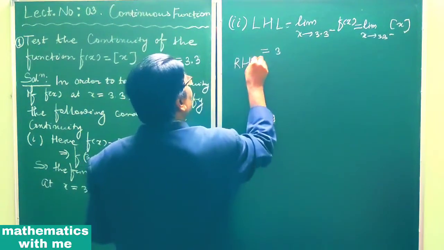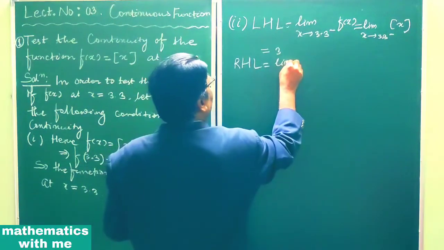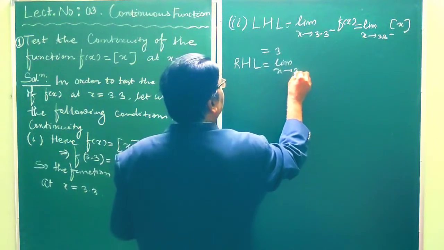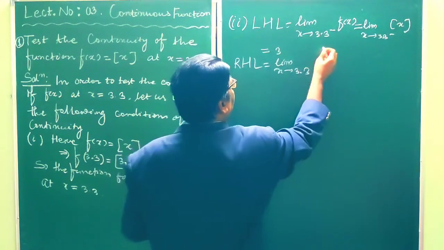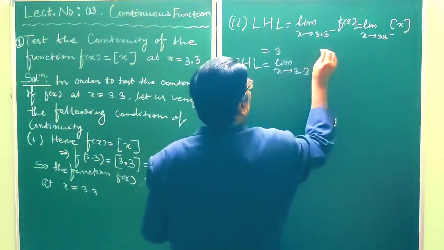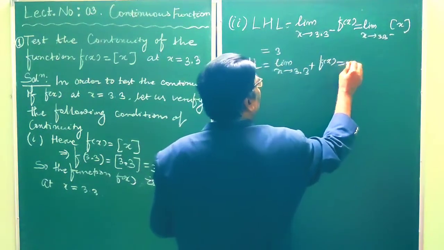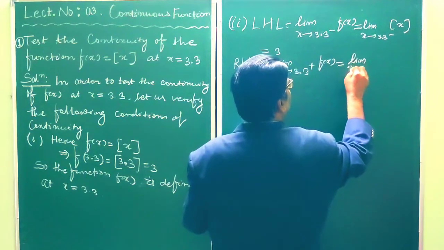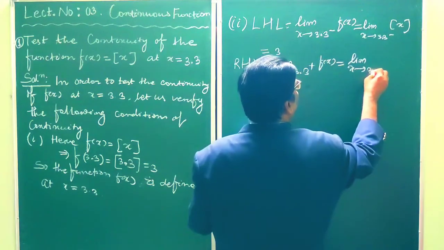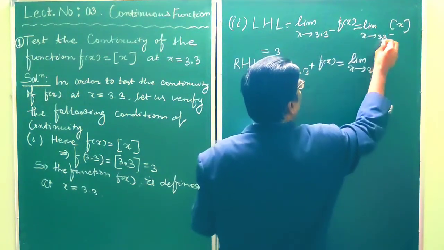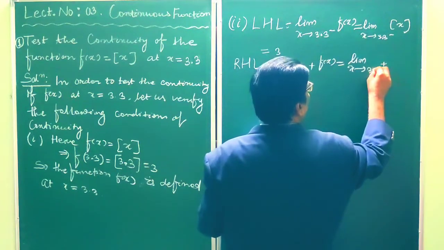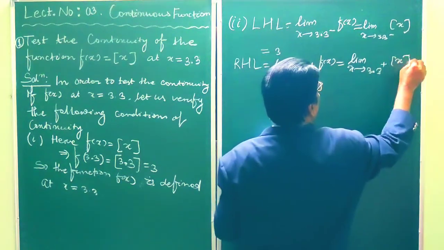Now right hand limit is equal to limit x tends to 3.3 plus f(x), which is equals to limit x tends to 3.3 plus [x].